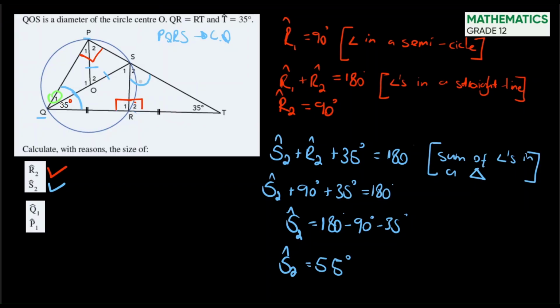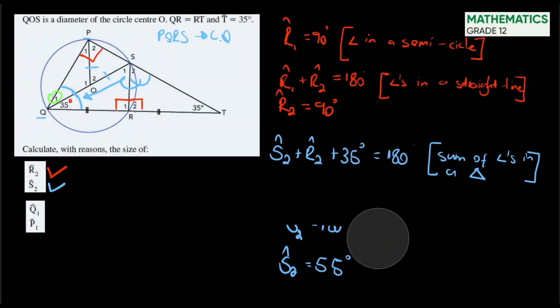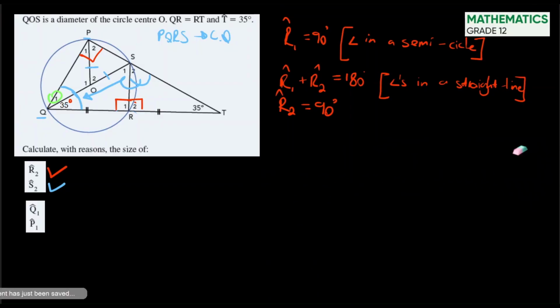And remember, we said the exterior angle of a cyclic quad is equal to the interior opposite angle, which means the sum of angle Q1 plus 35 will be equal to angle S2.